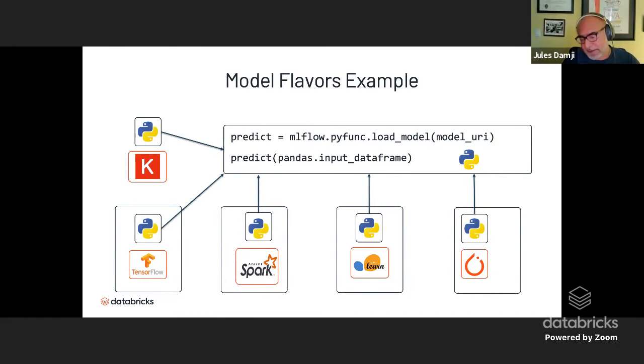So that, in essence, is what projects and models were that we covered in part 2. You can look at the videos to go deeper into how these are implemented, how you can use the APIs to create a project, how you can use the Python function to load a model of a particular flavor, and how you can deploy them as well.